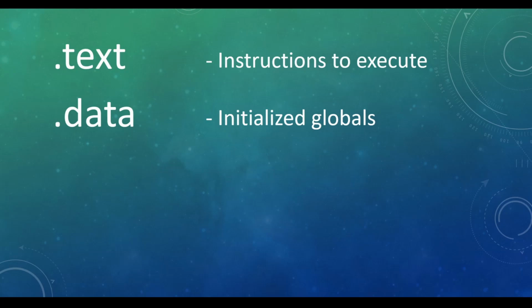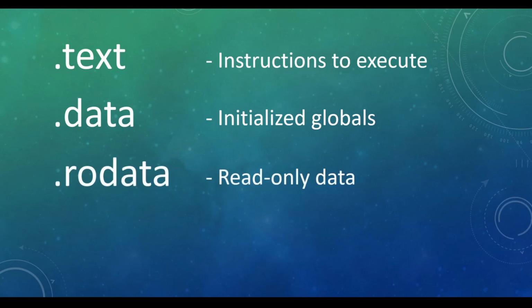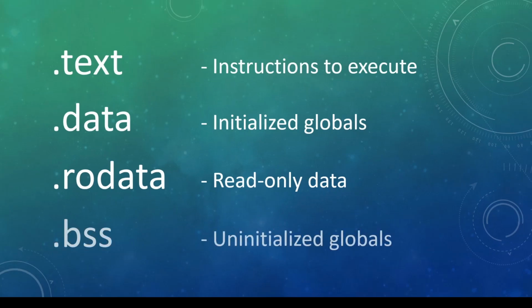We will see examples shortly. The third one is .rodata, read-only data, which is very similar to data, except that it includes globals that are initialized and read-only. And the last one is .bss, that is used for uninitialized globals and is more of a scratch space that is being populated and manipulated during runtime.